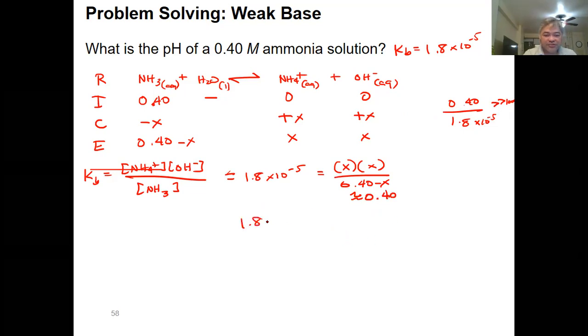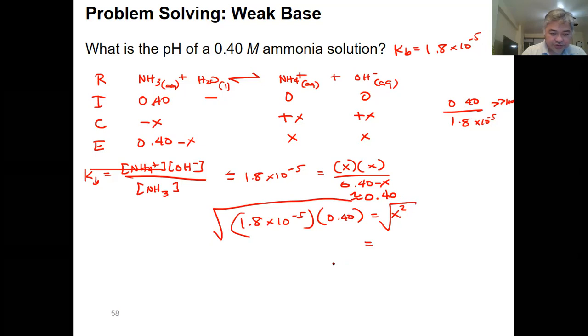Cross multiplication. And then since I need to get the square root, 1.8 exponent negative 5 times 0.40. So ano yung x?